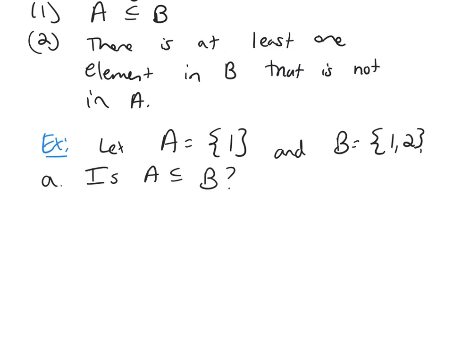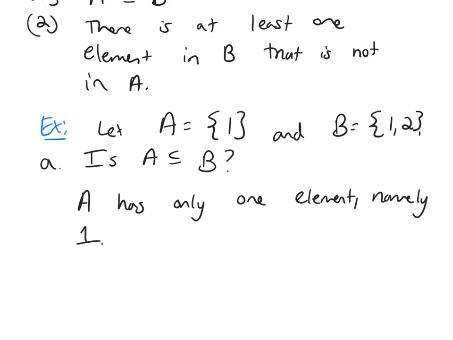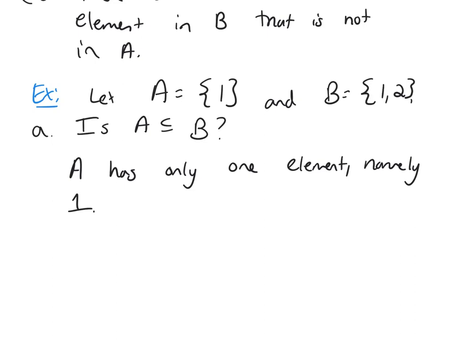Well, let's look at the elements in A. What are the elements in A? A has only one element, namely 1. Is this also an element of B? The answer is yes, it's also an element of B.